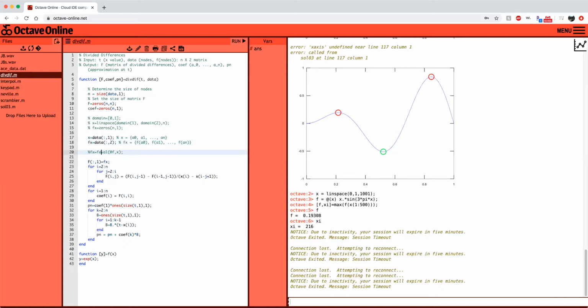The f of x, f eval. Sometimes, if a function is given, then we can evaluate the function at the nodes. We can find the function values at the nodes by evaluating the given f, by just plugging the nodes into f. Okay, but in this case, the function value is not given, so we don't have to do this.